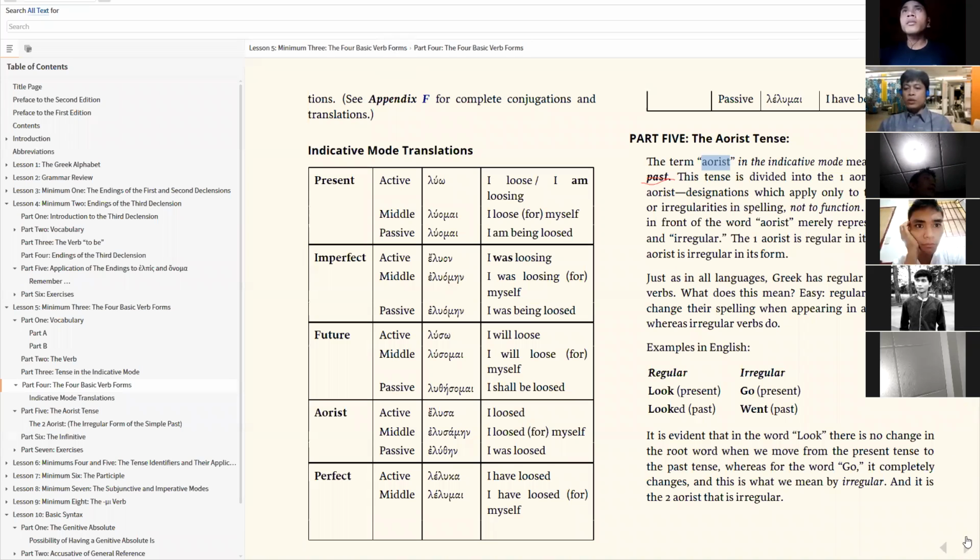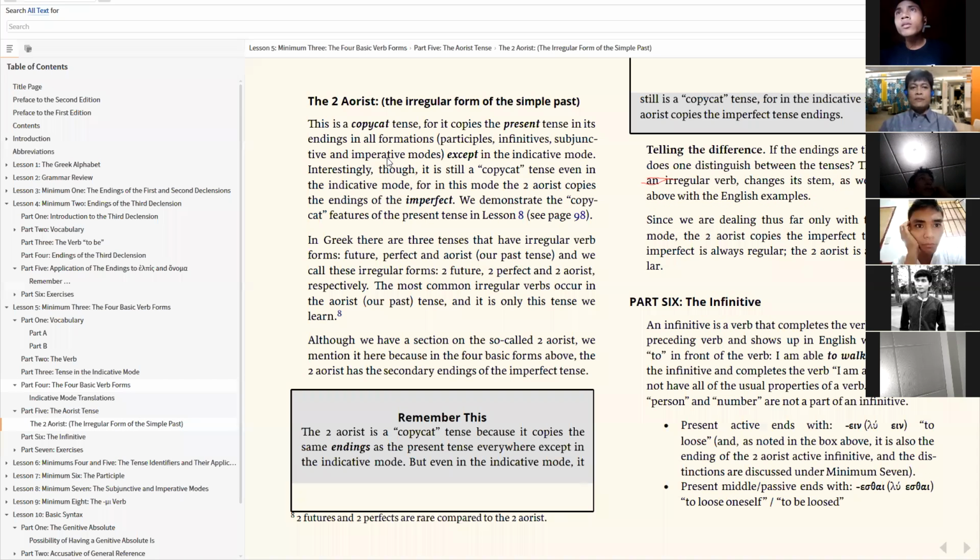So that's how you are going to look at the aorist here. Okay, I think we have covered that one already. Okay, let's move to the infinitive.